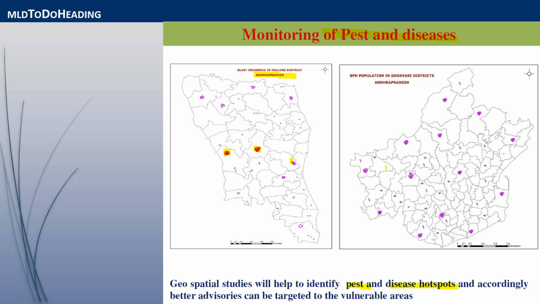The regions are the Godavari districts and Nellore district. These are the regions which the technology hotspotted, and we can offer some kind of advisories and can also target these vulnerable areas for rectifications.